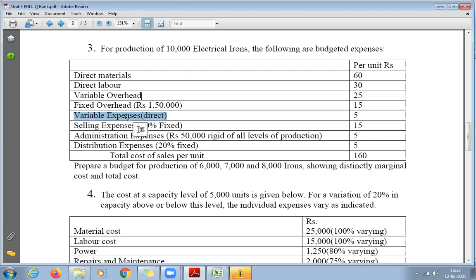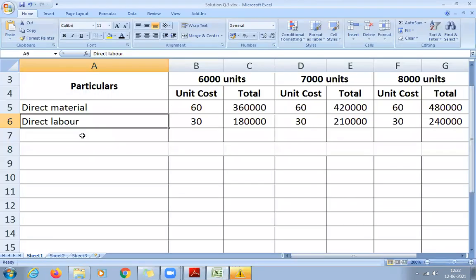That means it is a direct expense. I know that direct expense is variable. So how much has he given per unit? 5. So write down now direct expense rupees 5 in all the unit cost columns.